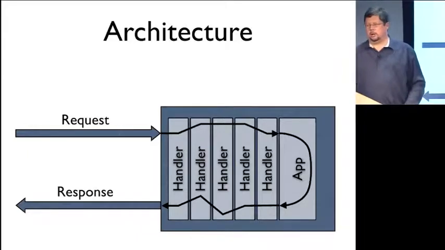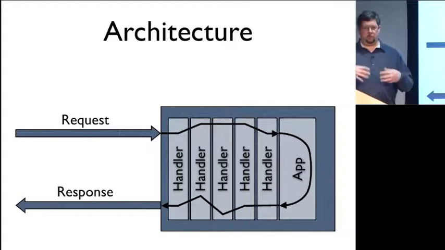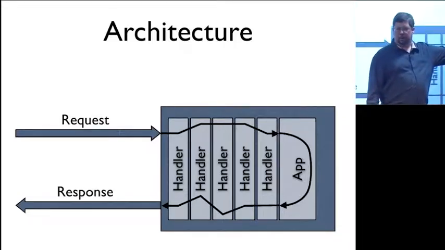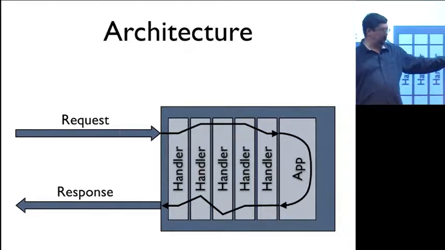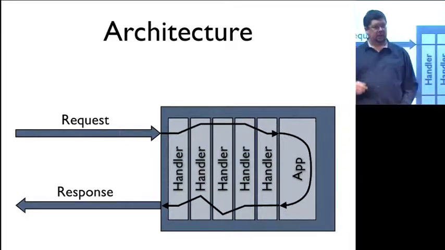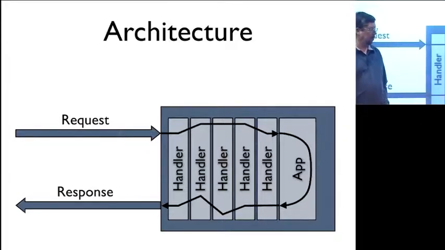And Rack didn't come along until Rails 2 point something or another. But with every iteration of Rails, more and more things are removed from the Rails framework proper and pushed off into handlers, effectively, to be done in a more reusable way that's not specific to Rails, but can be used with any of the other Ruby web frameworks that work on top of Rack.